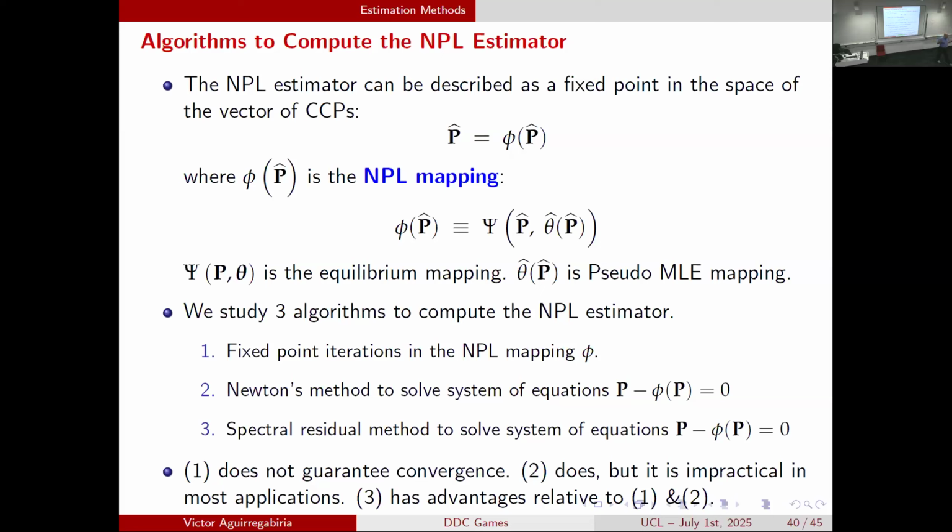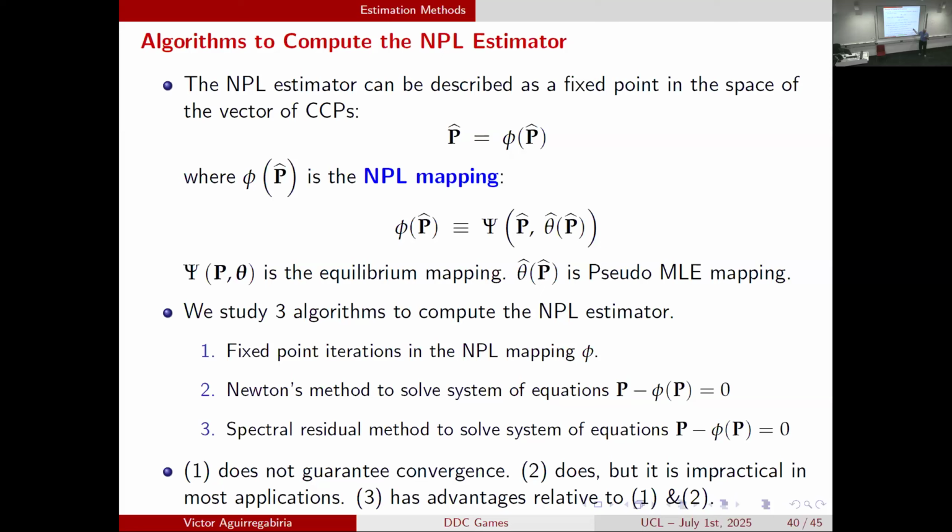If we are concerned about convergence, the best algorithm to guarantee convergence, quadratic convergence in some cases, but very fast convergence in very general cases, is Newton's method, okay? Then if we want to guarantee convergence, let's apply Newton's method to solve this system of equations.